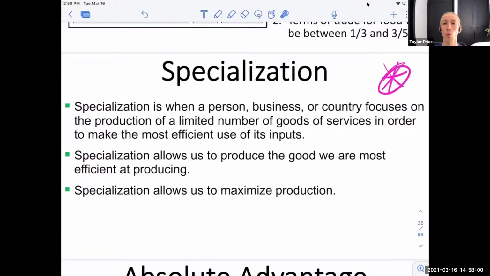And when we're talking about terms of trade, we have to talk about specialization. Specialization is basically when a person, business, or country focuses on production of the good that they are best at producing. The reason they do this is that it allows for maximum production of that good.